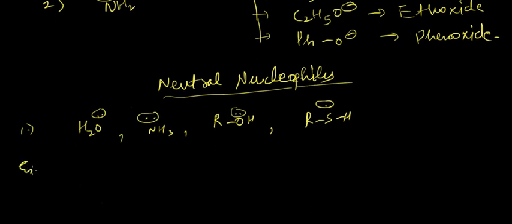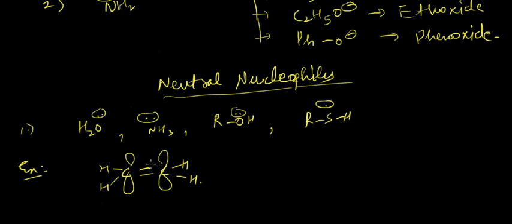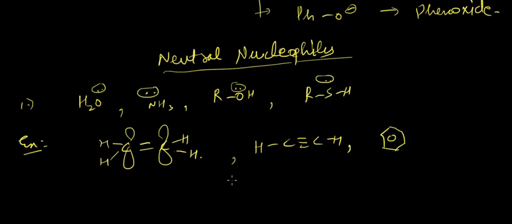If we take the example of a simple alkene, the p orbital has a double bond between itself. Or if we talk about an alkyne or a benzene ring, then we can say that these too.